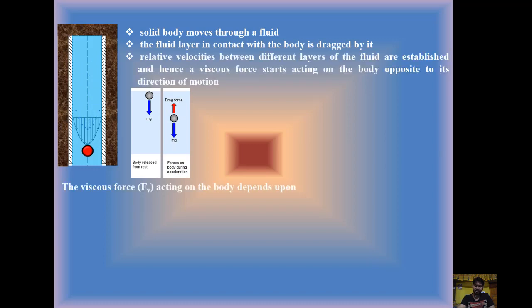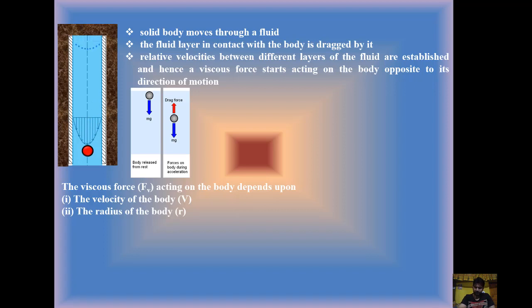As a result, relative velocities between different layers of the liquid are established, and hence a viscous force starts acting on the body opposite to its direction of motion. The expression for the viscous force can be obtained by dimensional homogeneity and dimensional analysis in the following way.